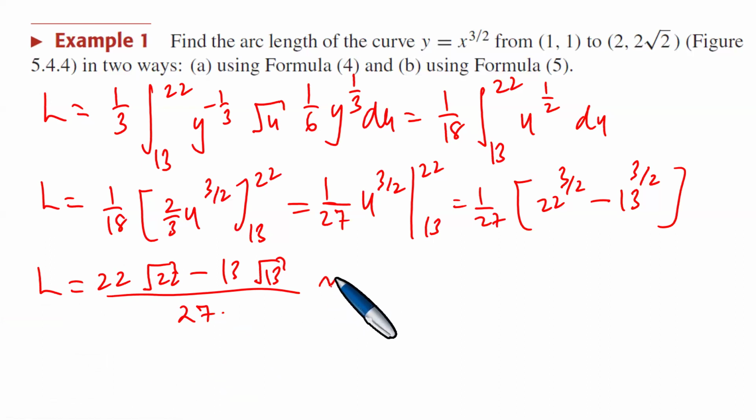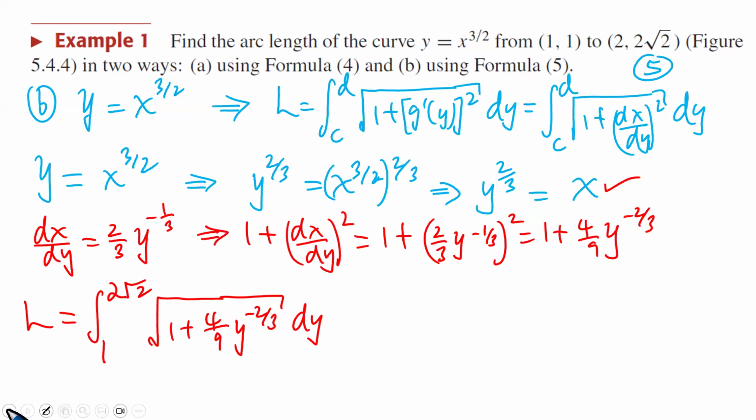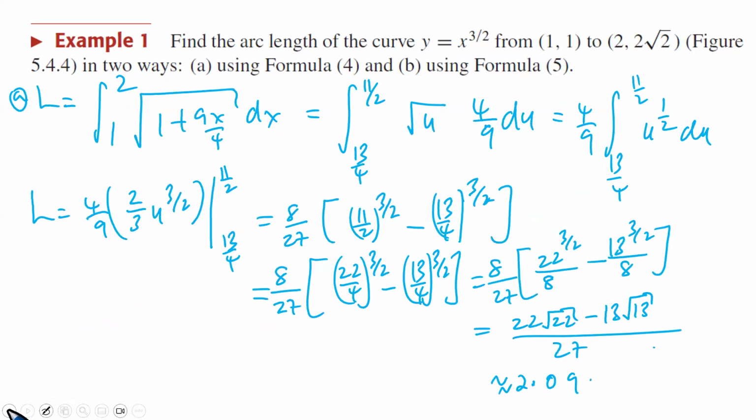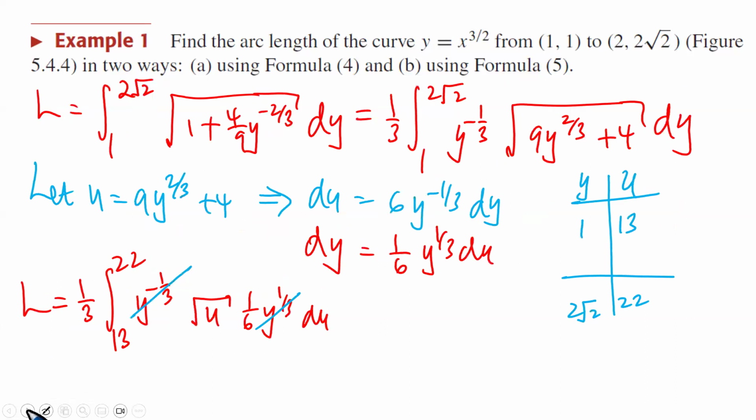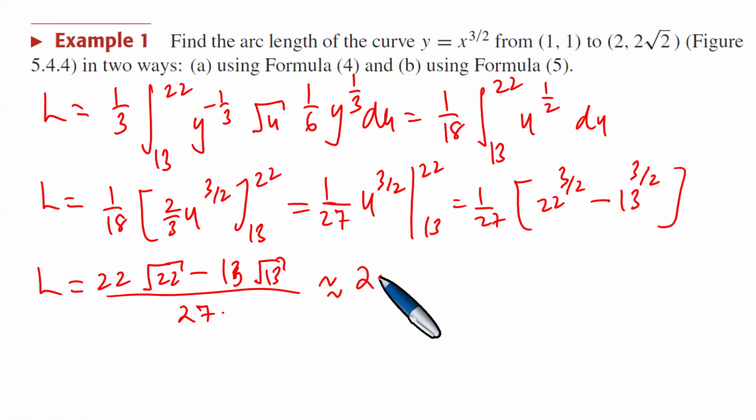This is exactly the same answer, which is approximately 2.09.